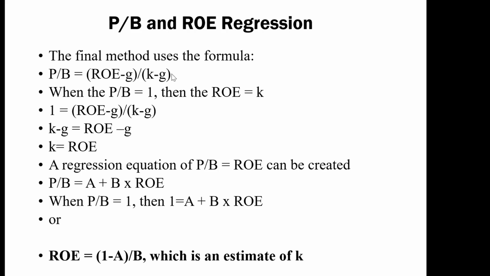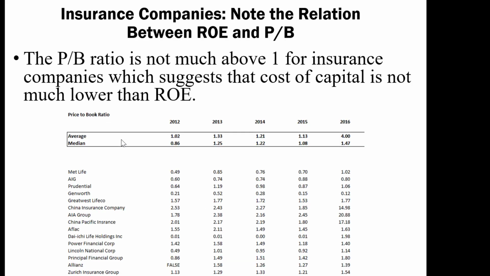Now, if G is equal to 0, that formula boils down to ROE divided by K. And if you have a specific case where the price to book ratio is equal to 1, you get the fact that K equals the ROE. That's standard.